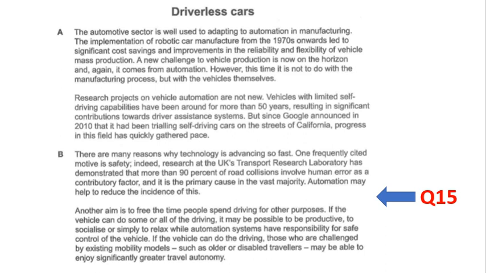So, they are just telling that they have been in use for the last 50 years. Then, but since Google announced in 2010 that it had been trialling self-driving cars on the streets of California, progress in this field has quickly gathered pace.